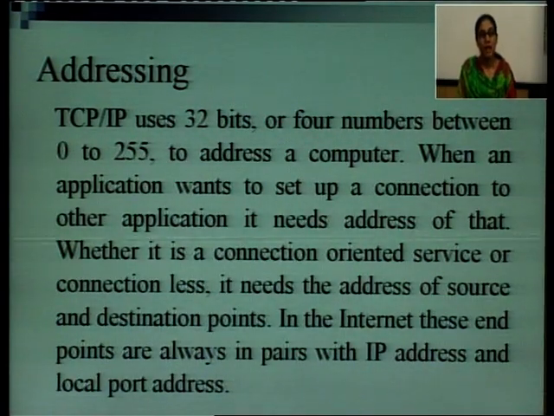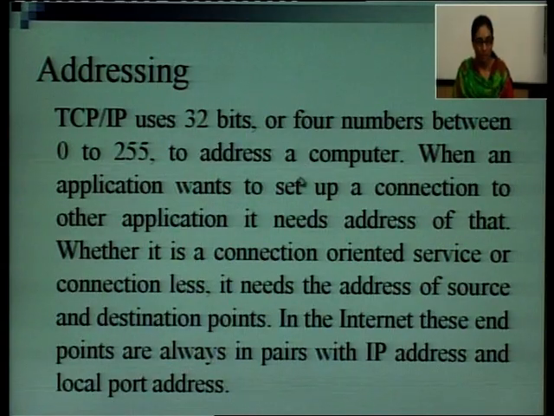After the TCP/IP protocol suite, the next main topic is different types of addressing. The first question that arises is, what is addressing? TCP/IP uses 32 bits, or 4 numbers between 0 and 255, to address a particular computer system on the network. When an application wants to set up a connection to another application, it needs the address of that particular computer system.